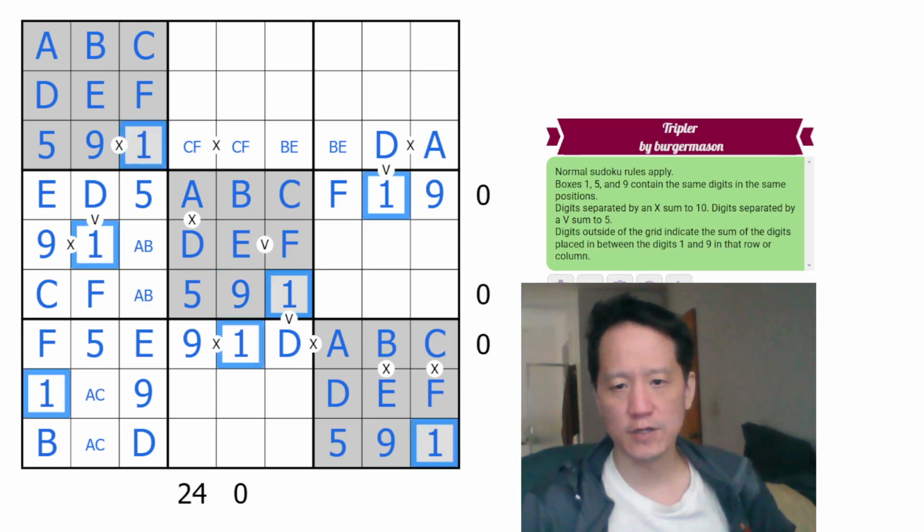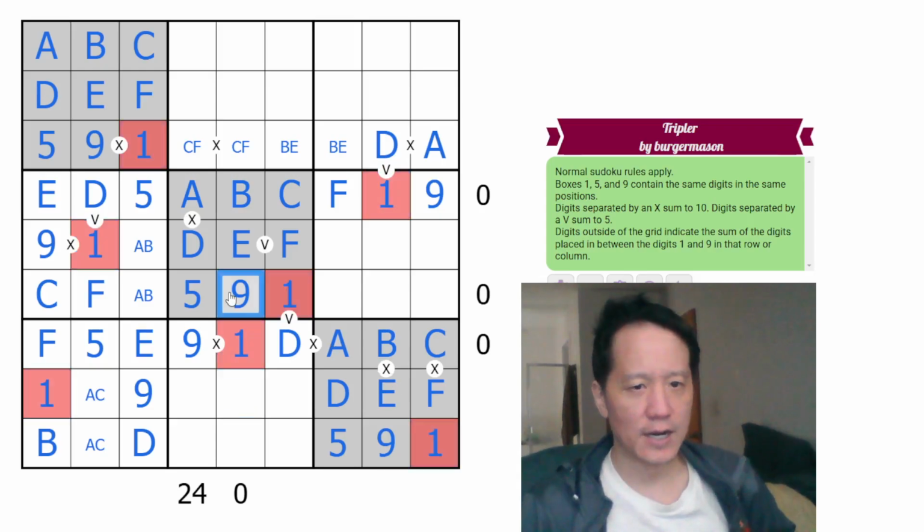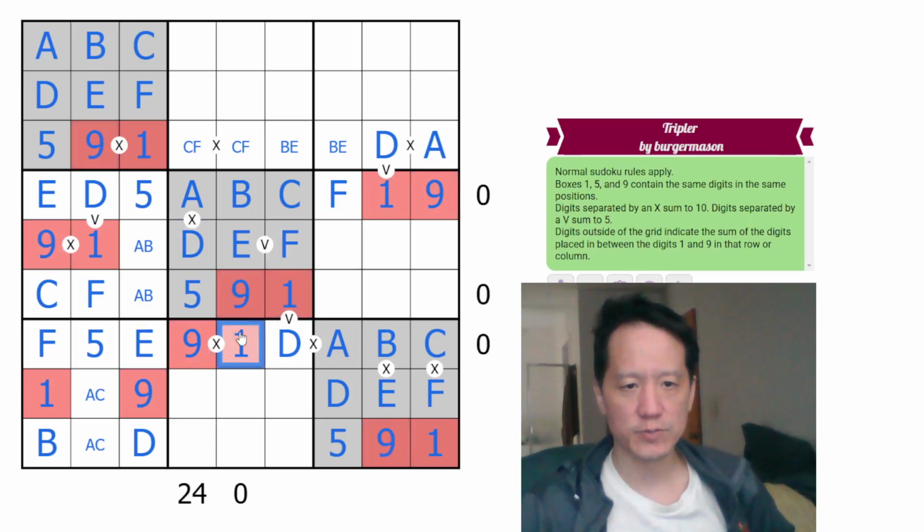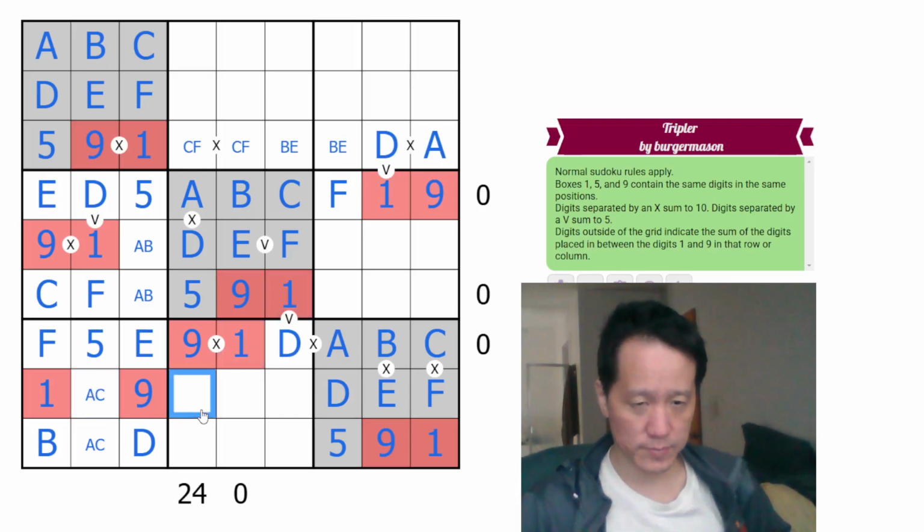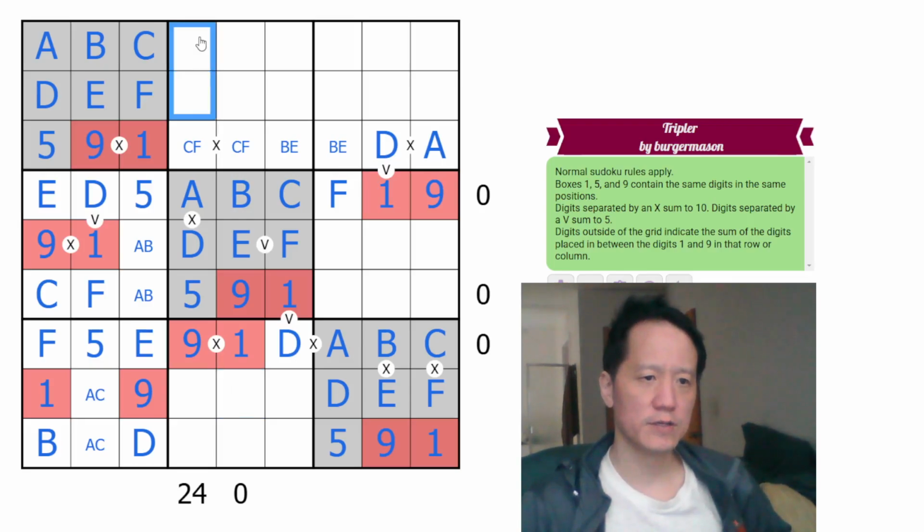So let's make these essentially red. Oh, there's already a gray. Okay. I was so confused by the gray. Okay, so then the 9s also, let's make those red. So the 1 has to be one of these two cells, right?